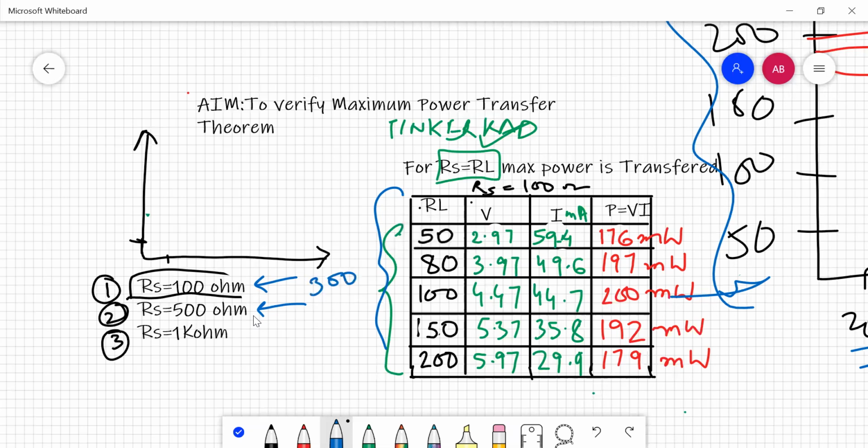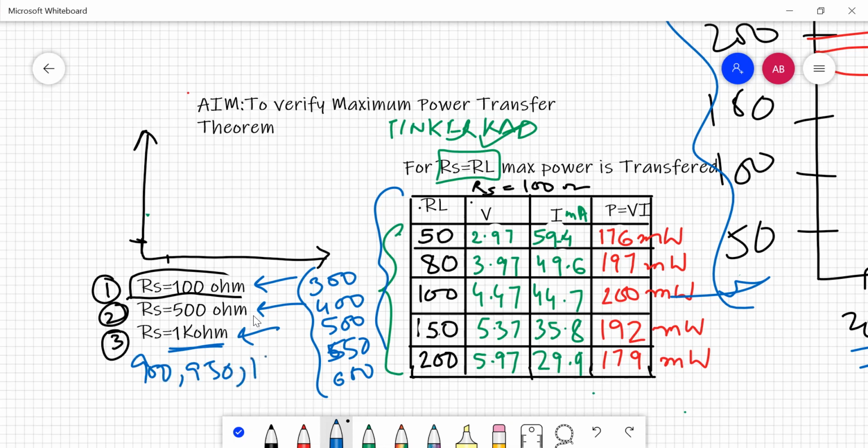Take 300, then 400, then 500, 550 you can take, and then 600. Similarly, you can go for the value of 1 kilo ohm. For 1 kilo ohm, you can start with 900, 950, 1K, then 1050 and 1100.